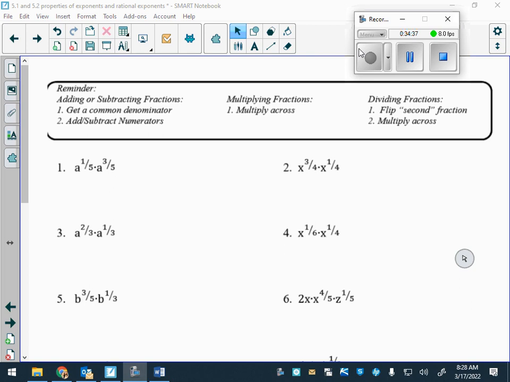Camilla? Number 11 is x to the 4/5 over 3x to the 2/5. Remember, the 3 and x to the 2/5 are separate, so you're just looking at reducing those. When you subtract 4/5 minus 2/5, you get x to the 2/5, and the 3 stays where it is. Makes sense?